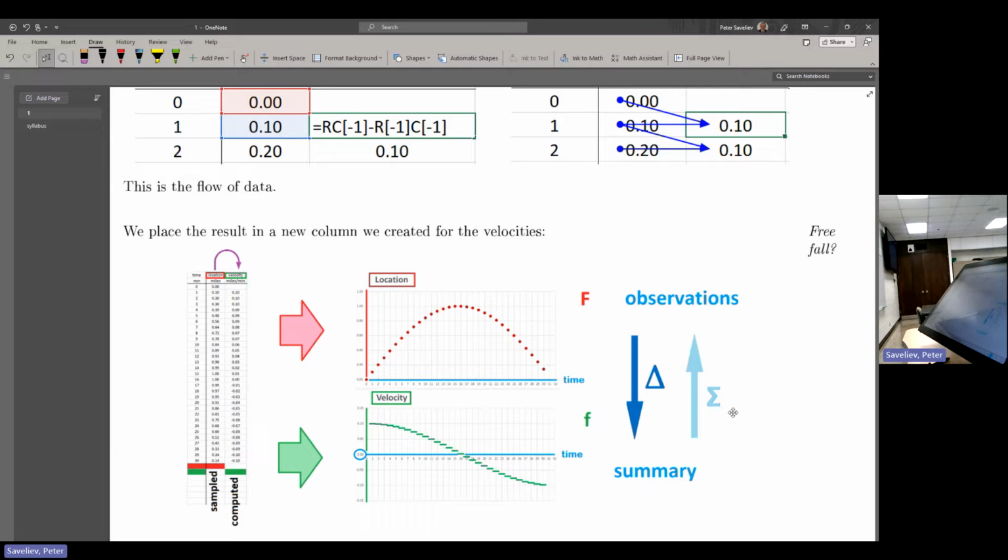So what's the conclusion? Looking at the second graph, not the first graph, you make a conclusion that we have been unable to make. And so the question that we have: is this free fall?